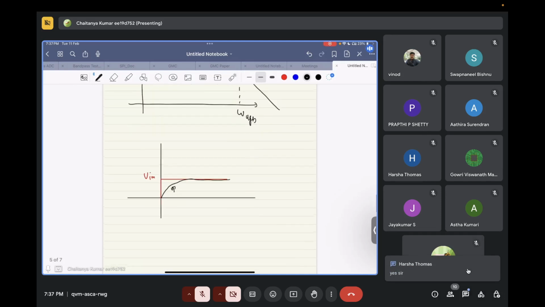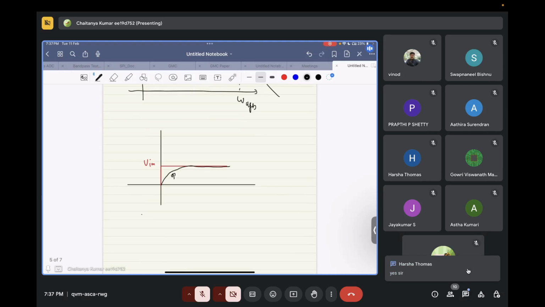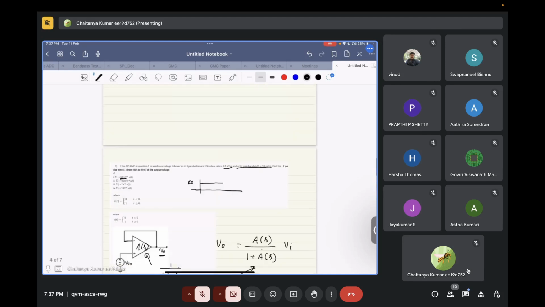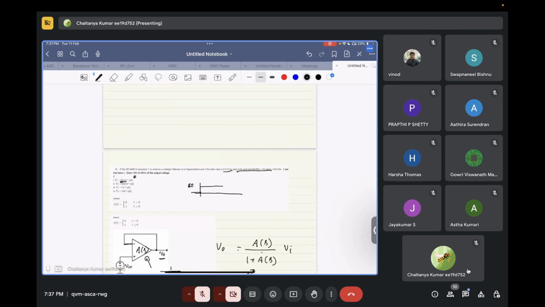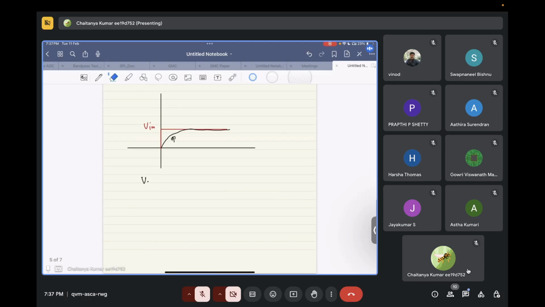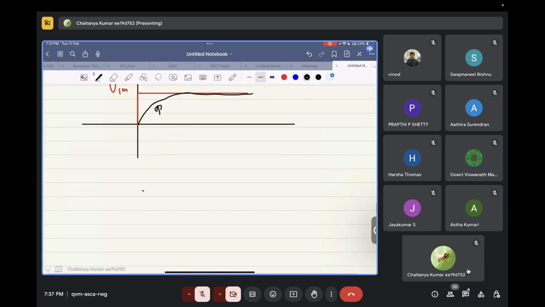Okay, so if the input is given as some V, let's consider a random input, A times U of t.